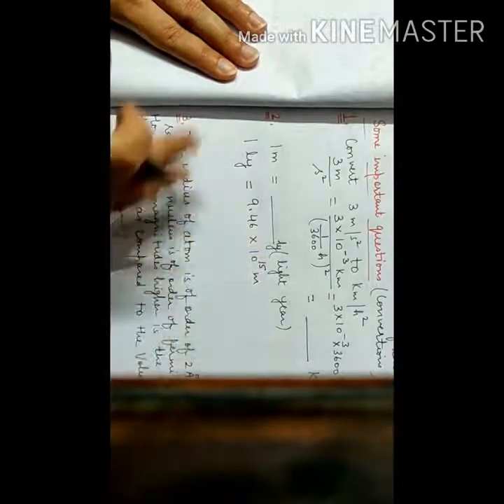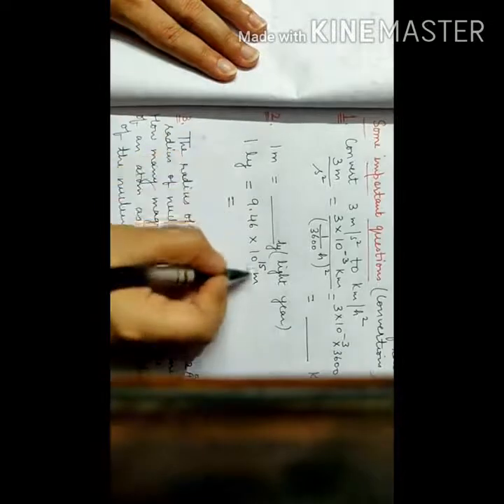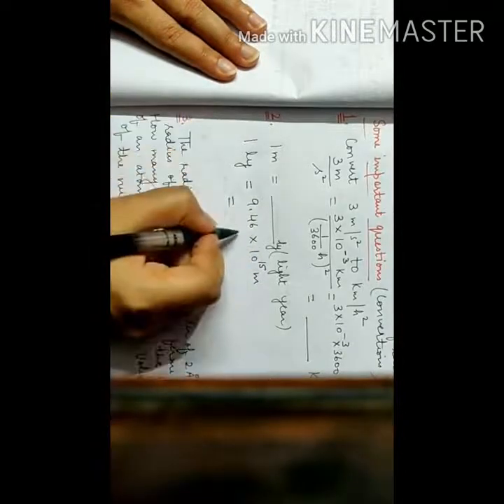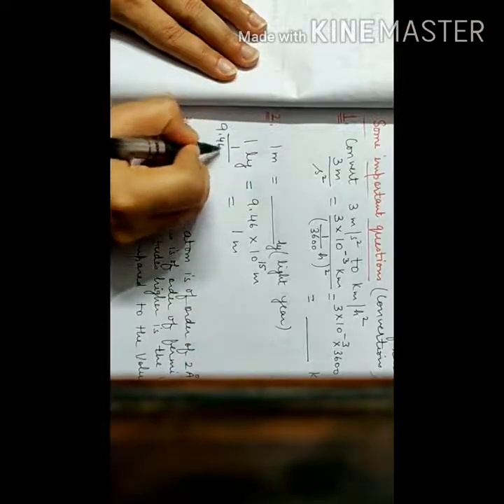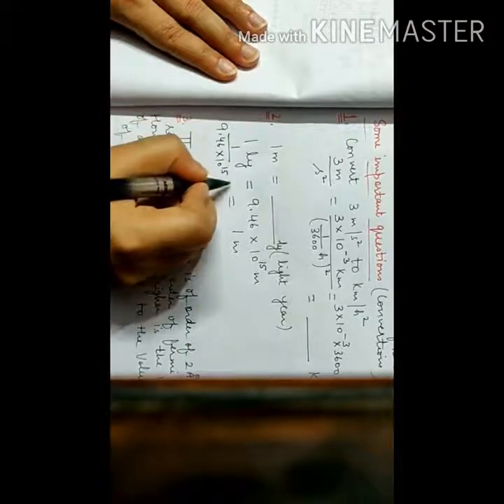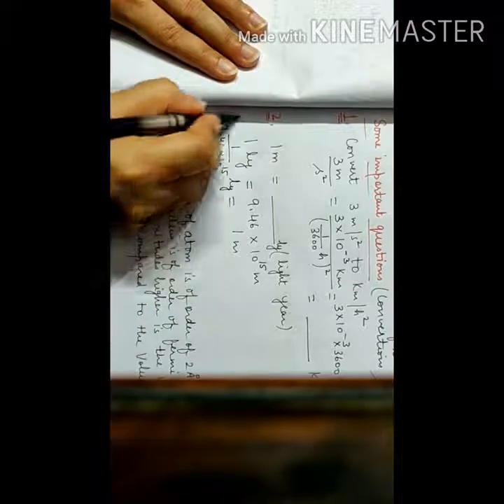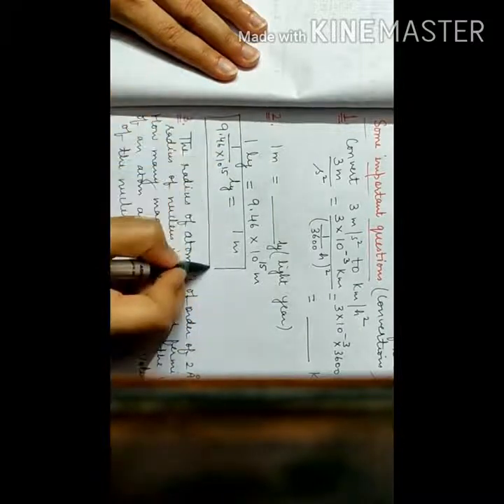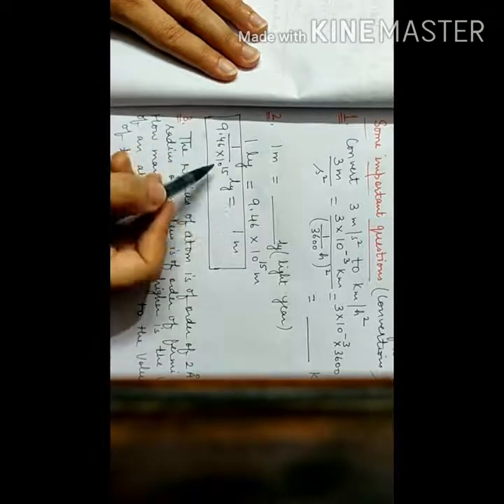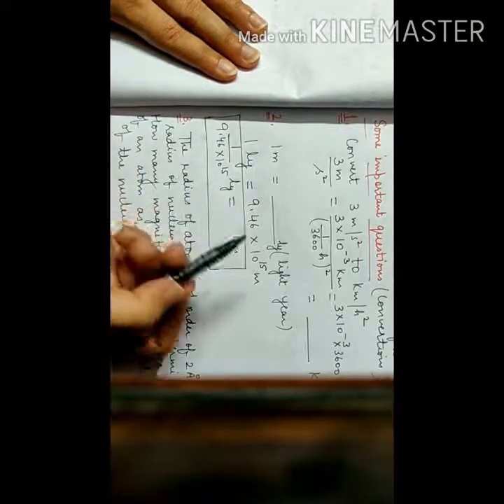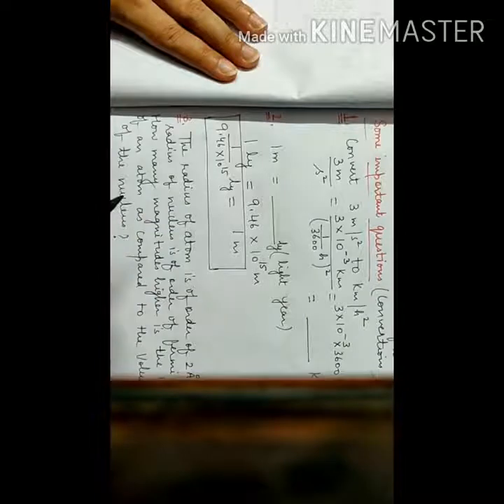We have to write it, otherwise taking this quantity in the denominator, we have 1 meter equal to 1 by 9.46 into 10 to the power 15 light years. This is your answer. Now for exam purpose, you have to solve it completely. I'm just writing it. You can do it at home in your notebooks.